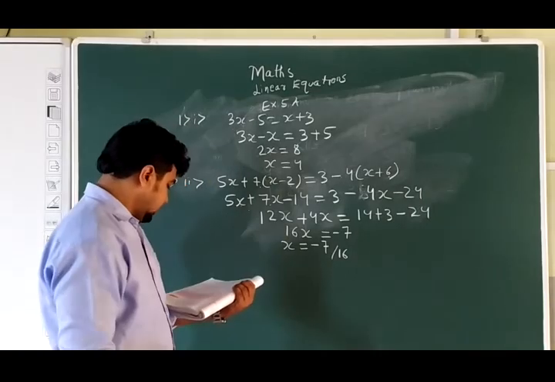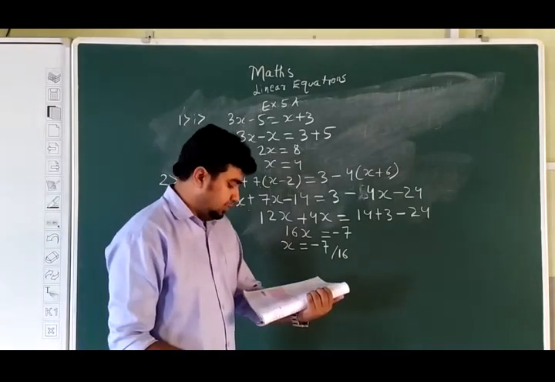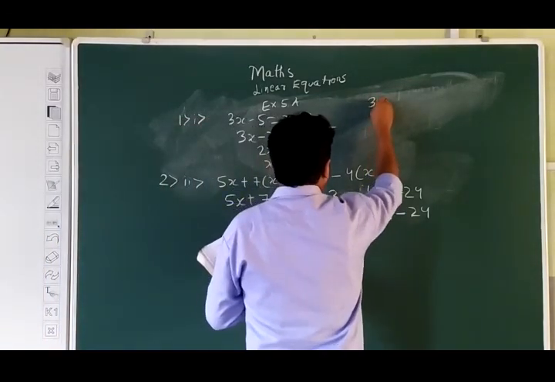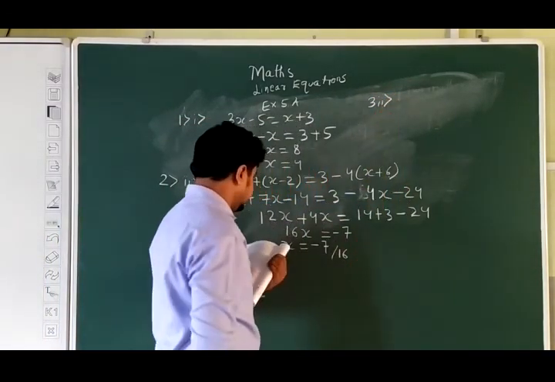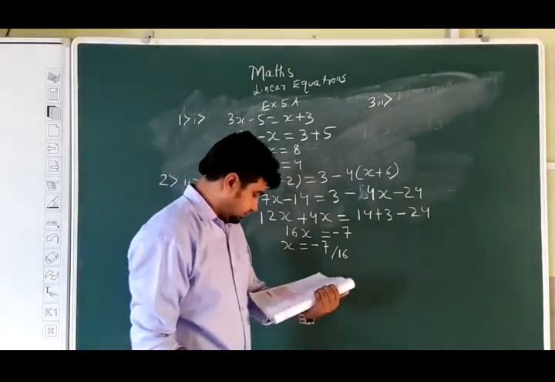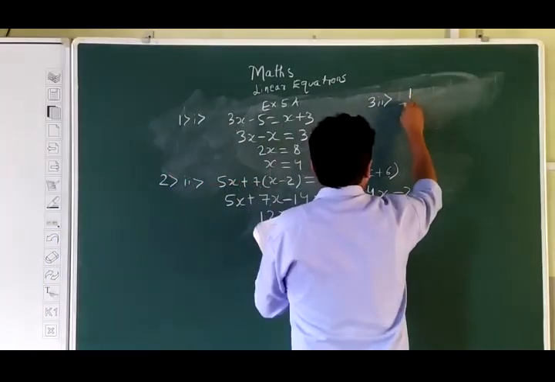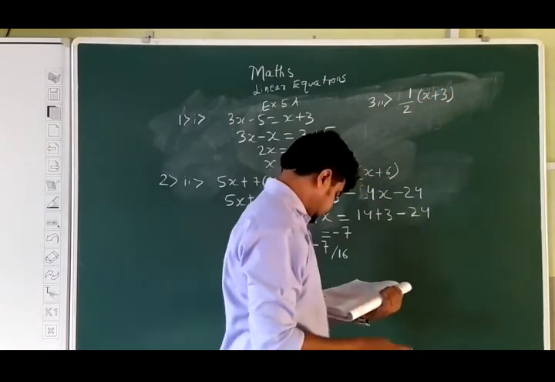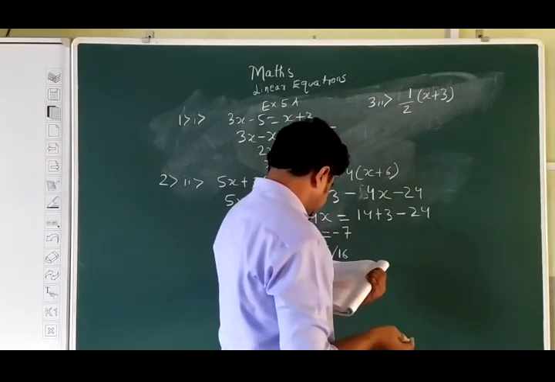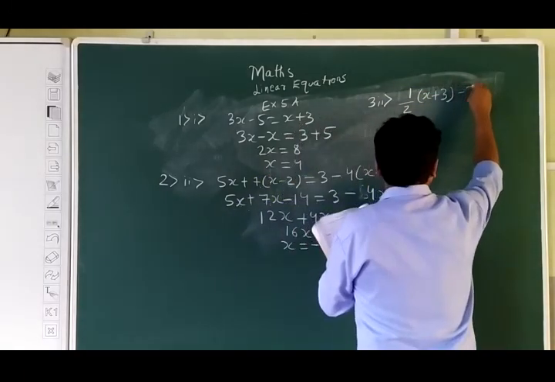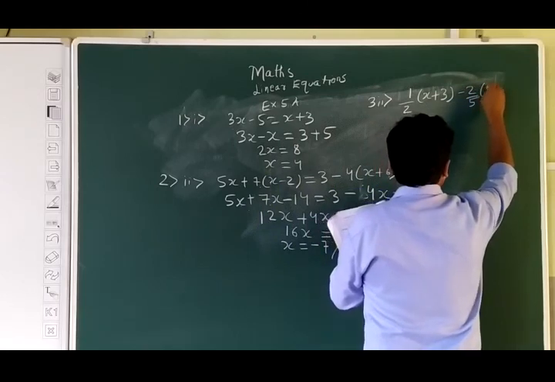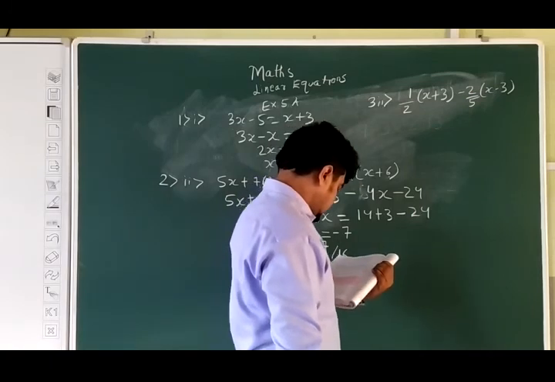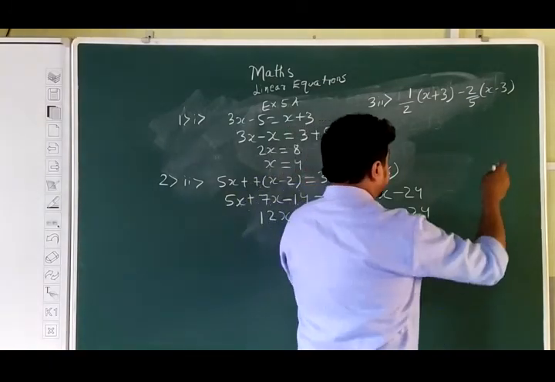Now moving to question number 3, bit 2. Again I will be discussing 3 bit 2. So in this question, 1 by 2 of x plus 3 and 2 minus 2 by 5 of x minus 3 equal to x plus 9.